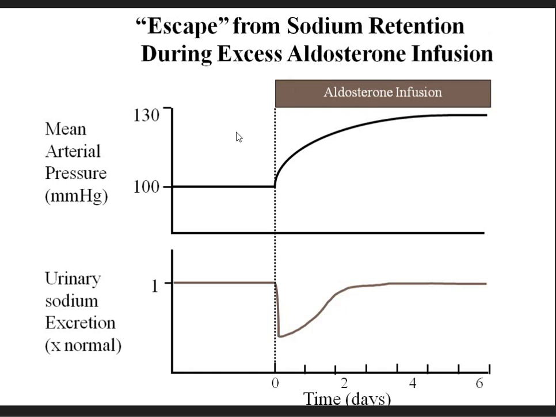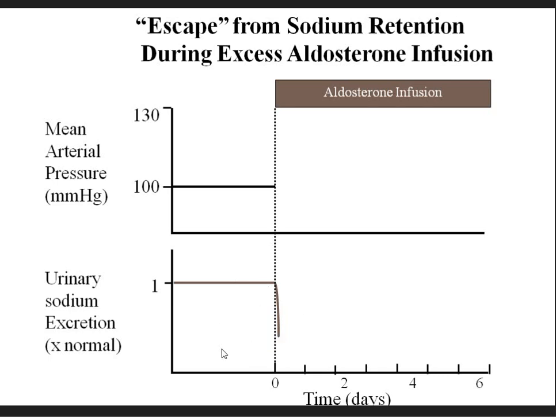So initially, I'll repeat this phenomena here. When we give aldosterone infusion, first aldosterone will produce its effect, causing retention of sodium. When there is retention of sodium, less amount of sodium will be excreted.